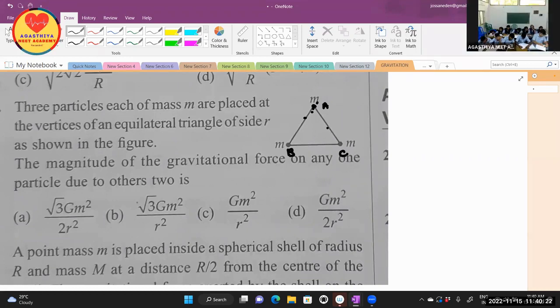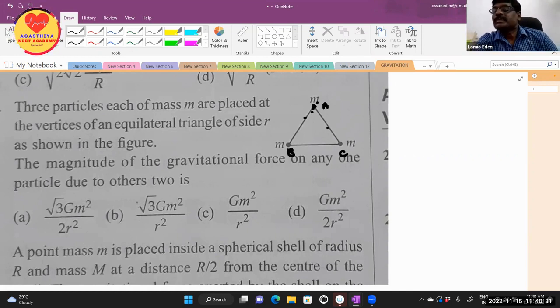The question is, find the magnitude of the gravitational force on any one of the particles due to the other two. You have to calculate the gravitational force by taking a reference.